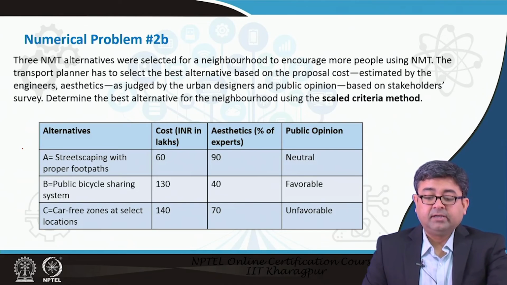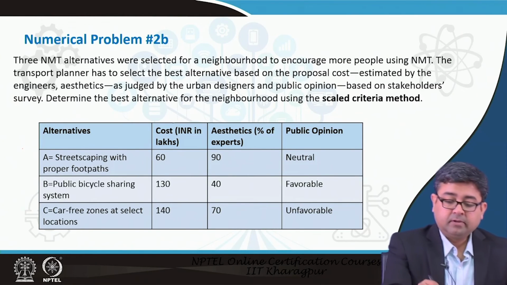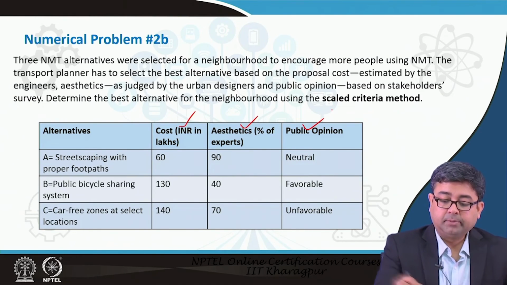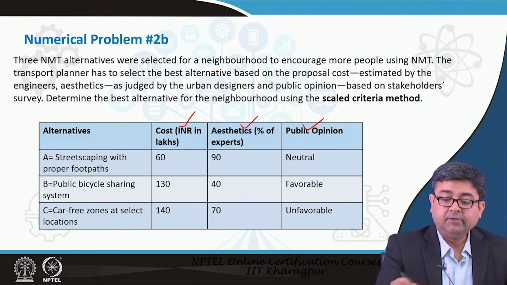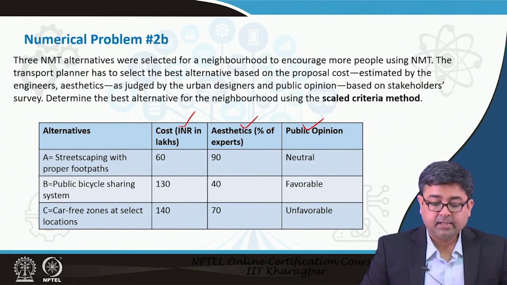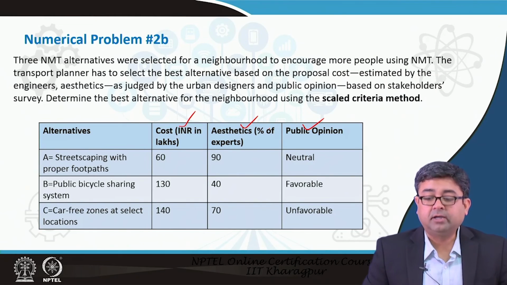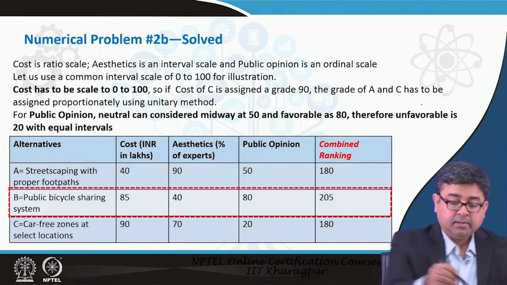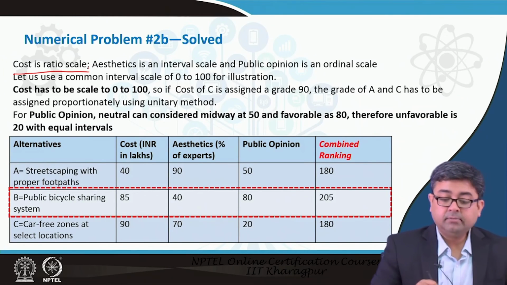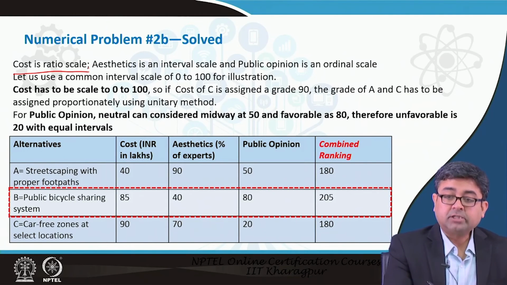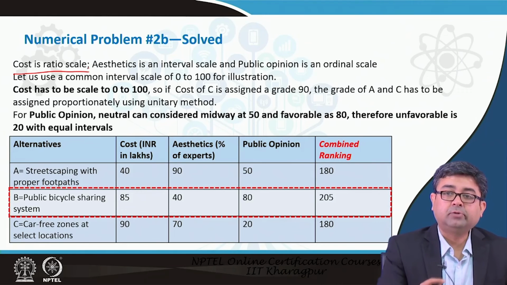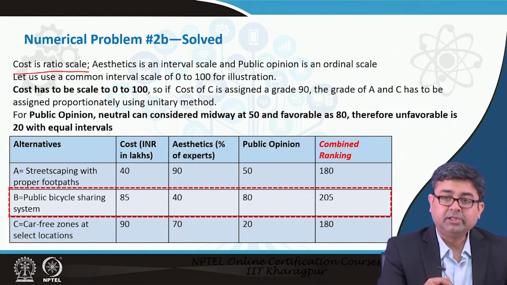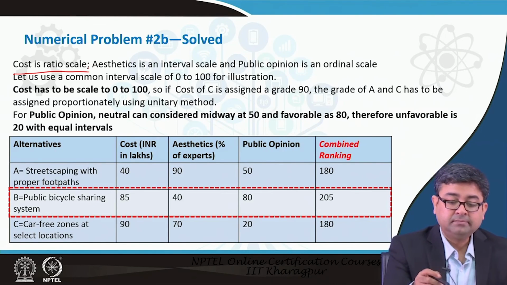You have these 3 different criteria: cost, aesthetics and public opinion, and all of them are in different scales. Now, how do you determine the best alternative? Using the scaled criteria method. For example, the cost is in ratio scale. Once you know the cost, you can tell the ratio between each of the costs, right, they are quantified.